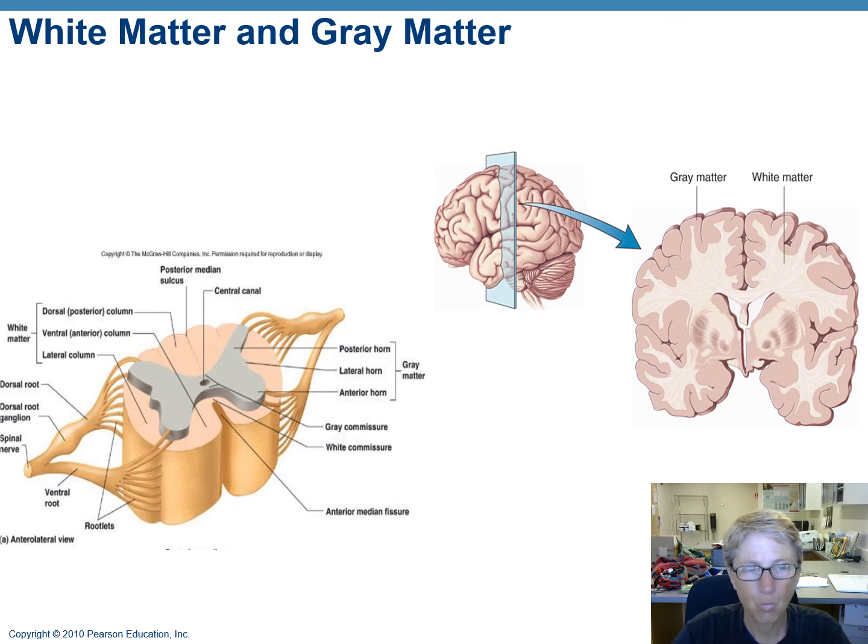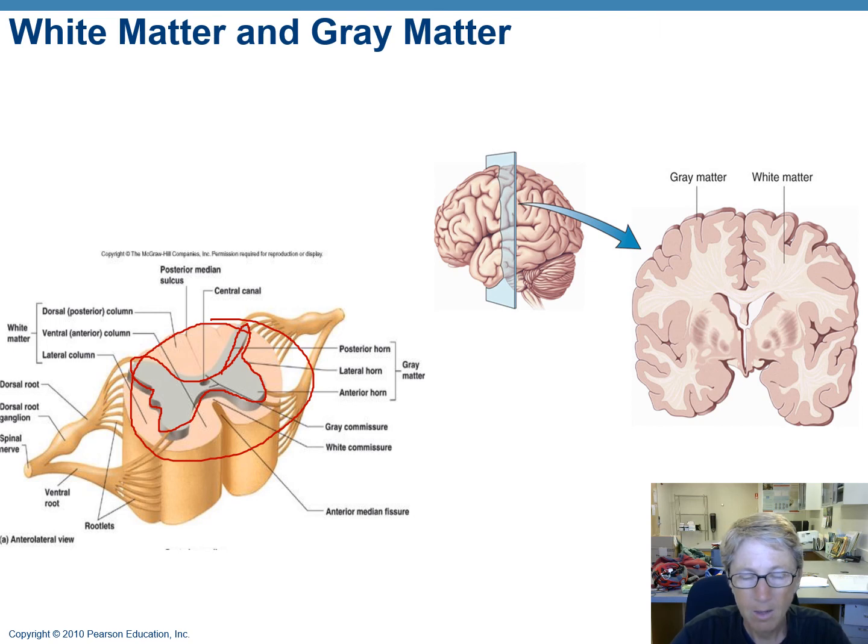White matter and gray matter. In this cartoon, it's obviously the spinal cord, and you can see this stuff in the middle, kind of shaped like a butterfly, or some people say it's shaped like an H. That's the gray matter, and it's surrounded by white matter.